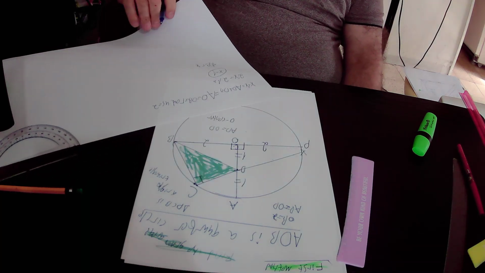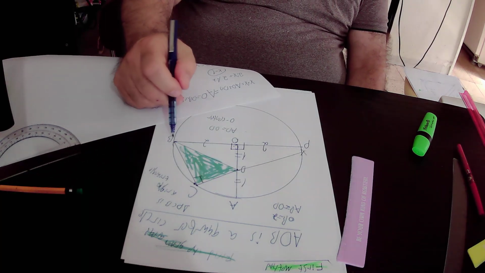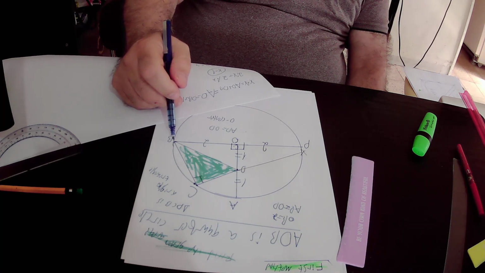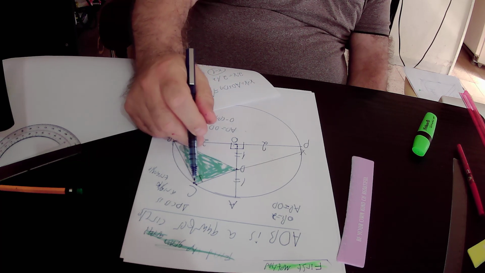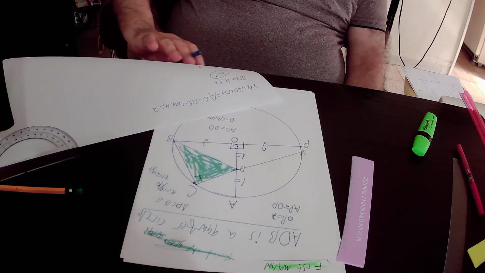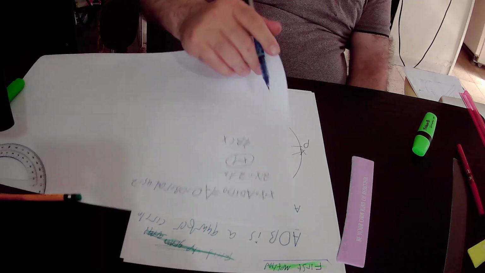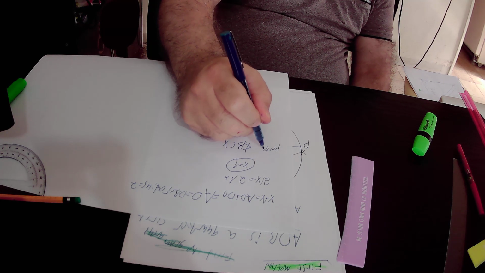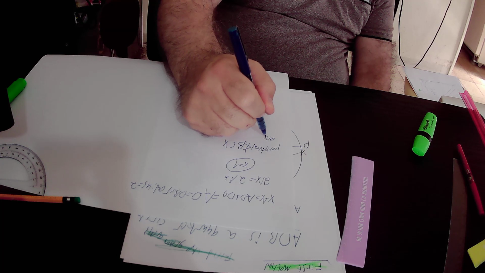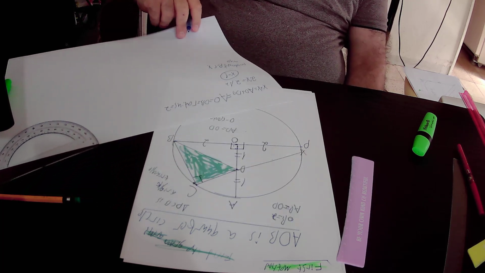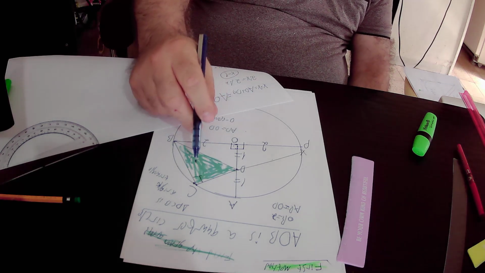BCX is a peripheral angle because it touches the circle at point B and point X, and the vertex is at point C. So BCX is a peripheral angle, and we also know that this peripheral angle BCX equals 90 degrees.